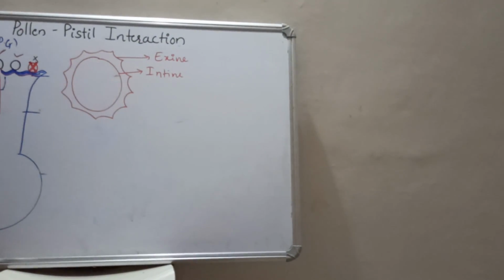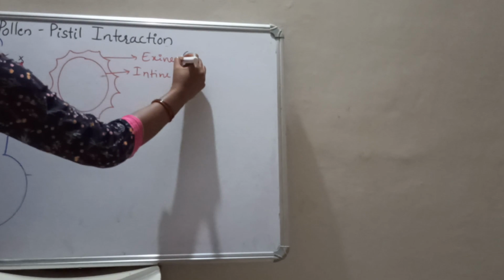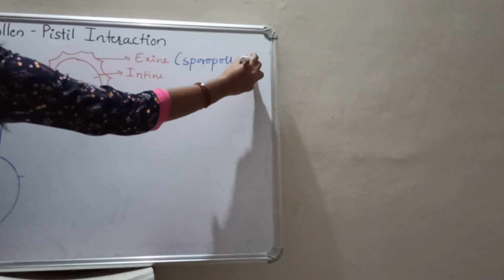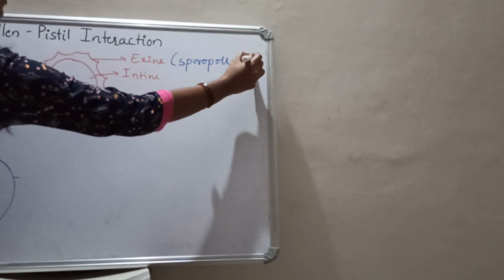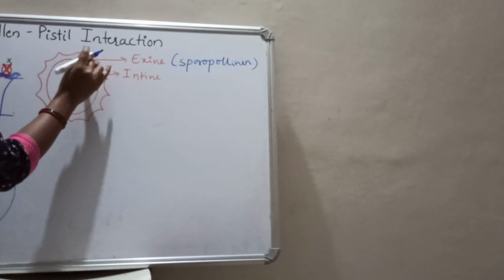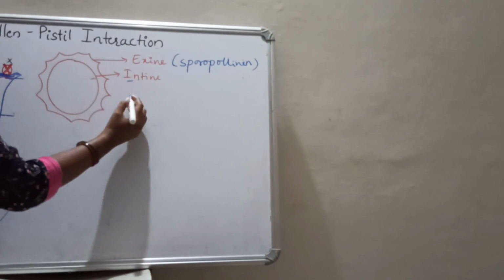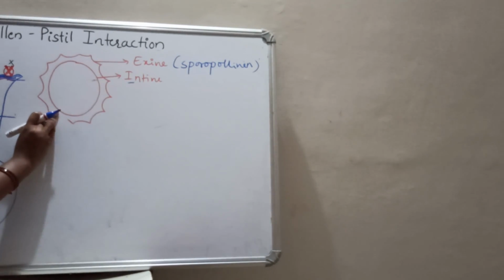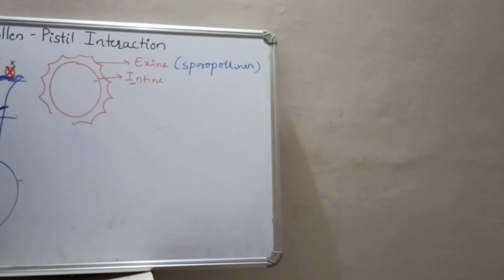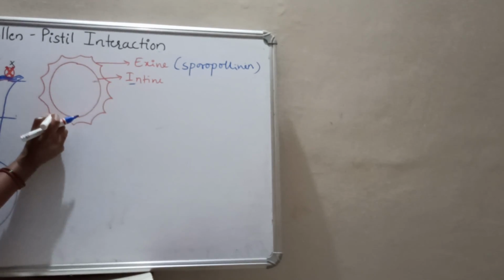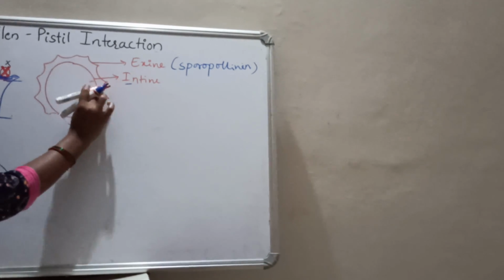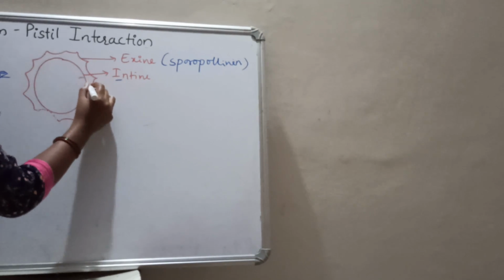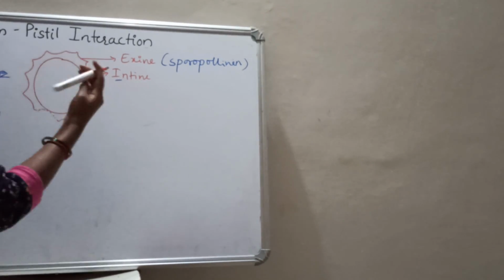The outer layer exine is made up of the chemical sporopollenin, and the intine layer is made up of cellulose and pectin. The sporopollenin chemical is absent in some places, and that region is called the germ pore.